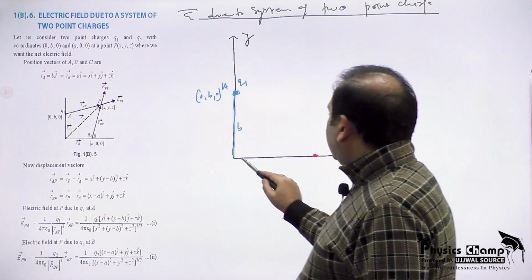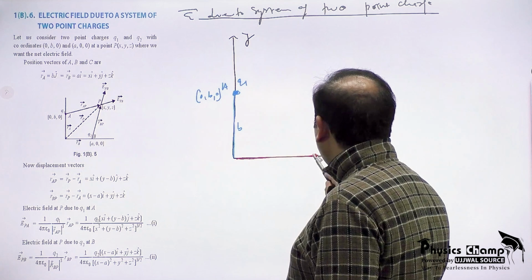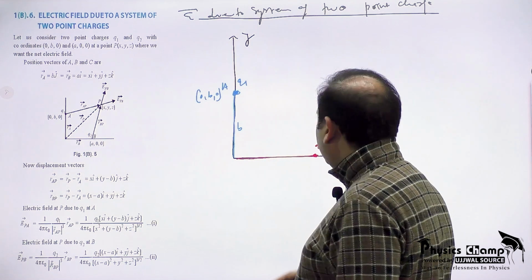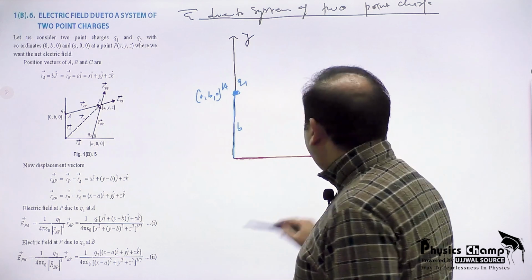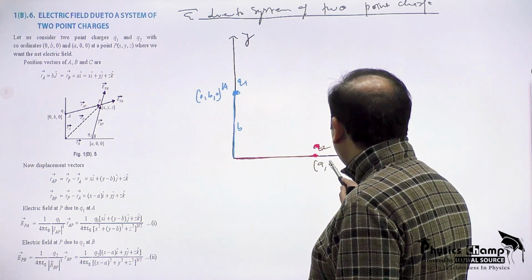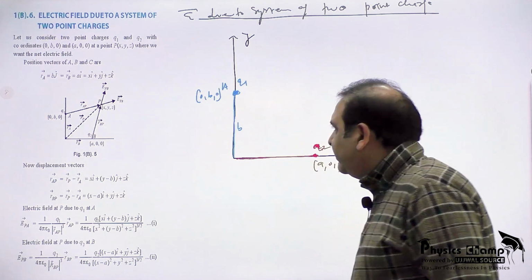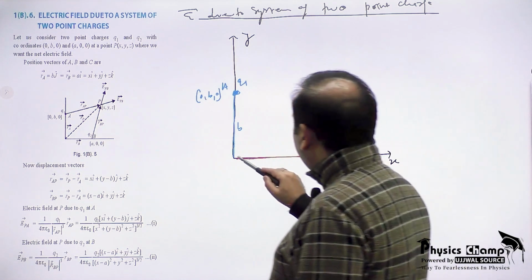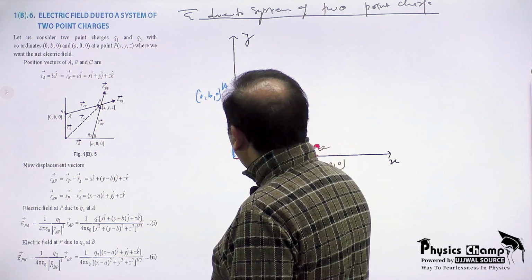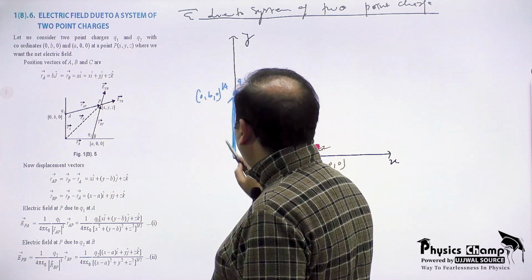And here on the x-axis we have a charge, say Q2, responsible for electric field. Charge is Q2 and its coordinates are A, 0, 0. Now, this is the origin, so with respect to origin you have this vector.